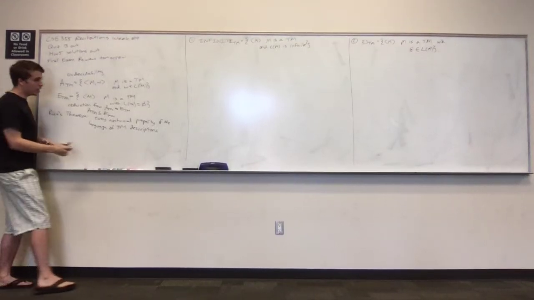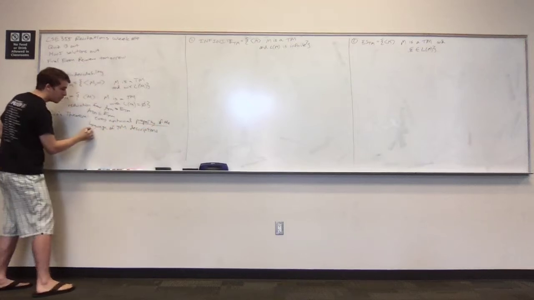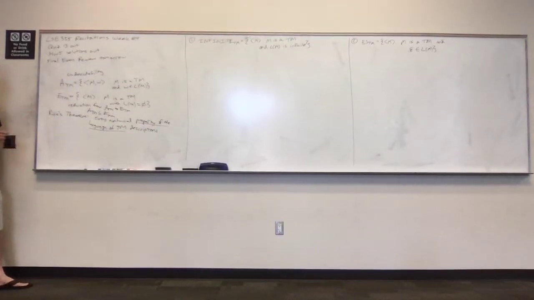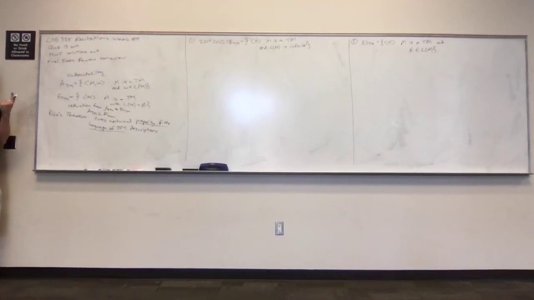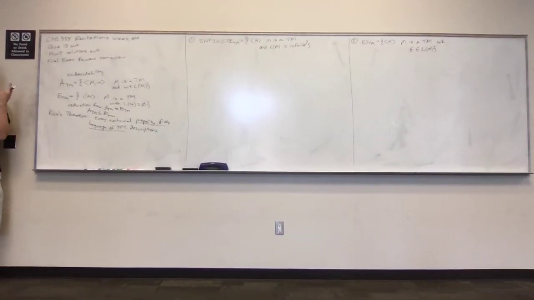Yeah. So ETM has Turing machine descriptions in it. So what does it mean to be a property of the language of Turing machine descriptions? Ignore non-trivial for a second. What does it mean to be a property of the language? Well, what we found is that if you have two arbitrary Turing machines with the same language, should anything other than the language decide whether they belong to the property or not?